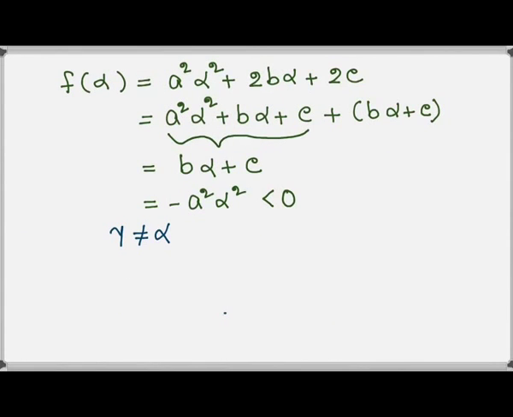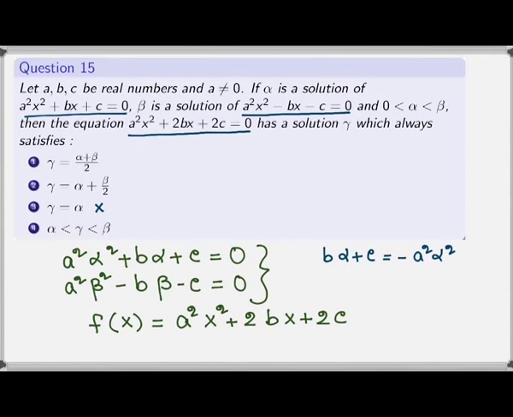Now we compute what is f of beta. F of beta is equal to a square beta square plus 2b beta plus 2c. We can note that here a square beta square is equal to b beta plus c.